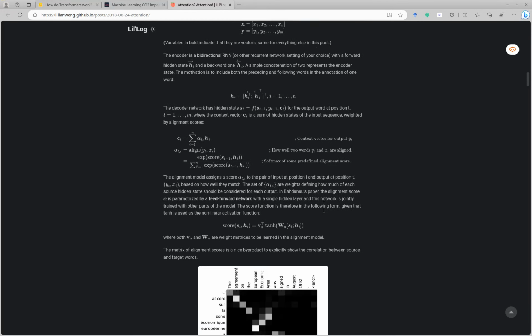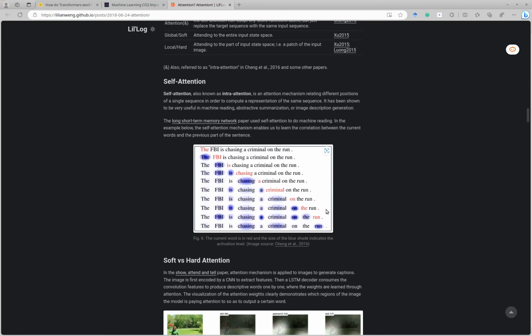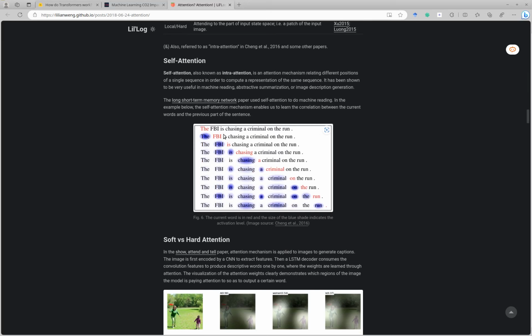Let's go through another example. For example, this is the sentence: the FBI is chasing a criminal on the run. When we are on the first word, attention is nowhere. When we move on to the next word, FBI, the whole attention is on the. As we keep moving on, attention keeps shifting.